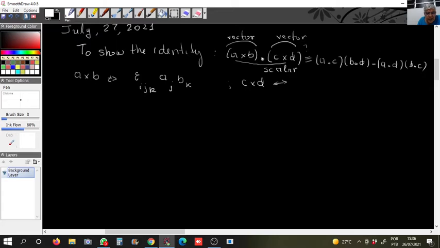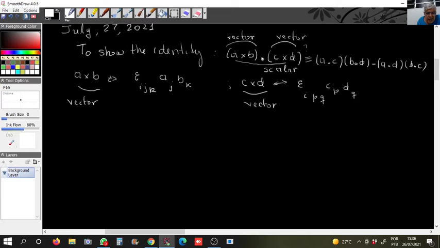This is C cross D, this will be epsilon I P Q, C P D Q. Now, this is a vector, this is also a vector.